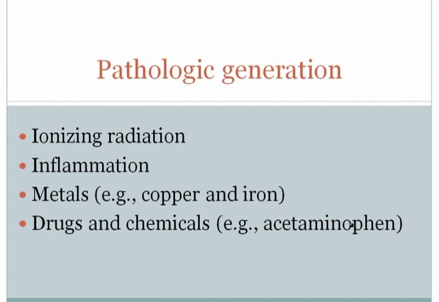ionizing radiation, the classic free radical that's generated is actually hydroxyl ion. So OH. And what's important to recall here is that ionizing radiation, the way by which it generates these free radicals is that the radiation actually hits water within tissues, and once it hits water within tissues, one possible consequence of that is the generation of hydroxyl free radical.